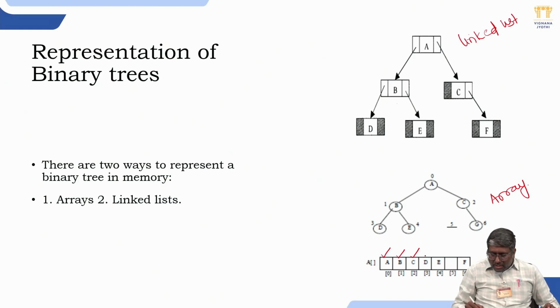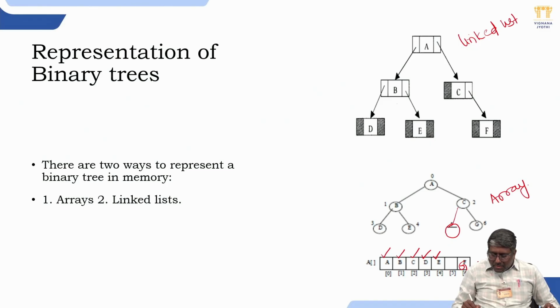Then after C we place D. There are no children for C, so that position is empty. Leave that position, then after that write G. So in the sixth position we have G. This type of representation is called the array representation.